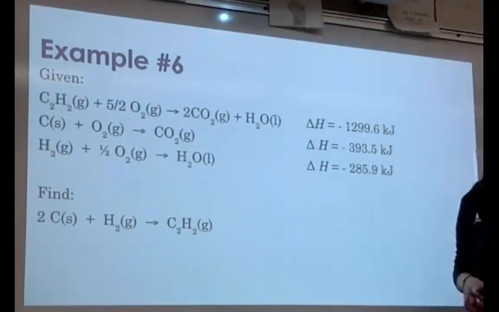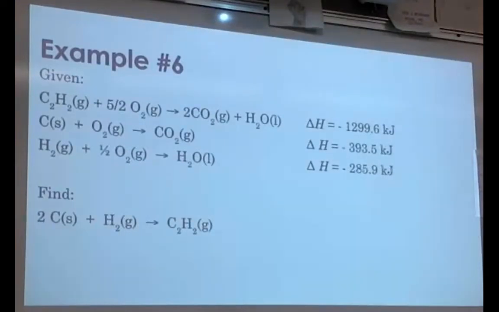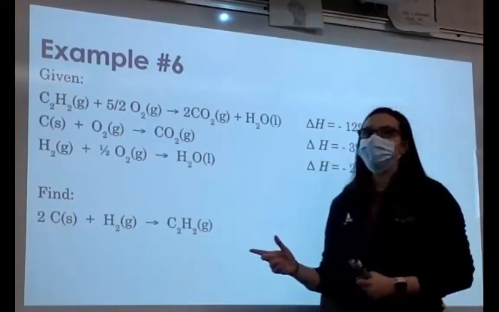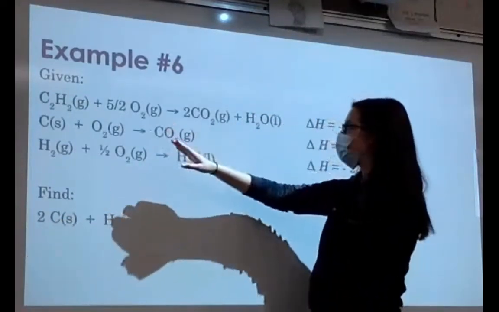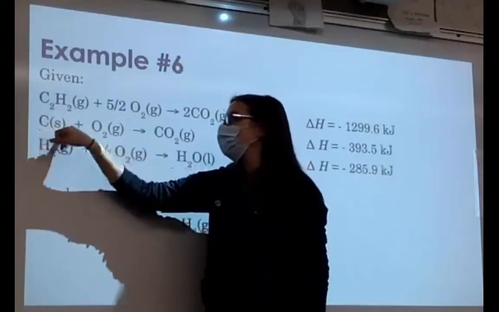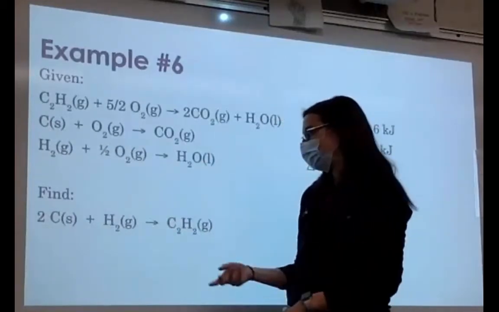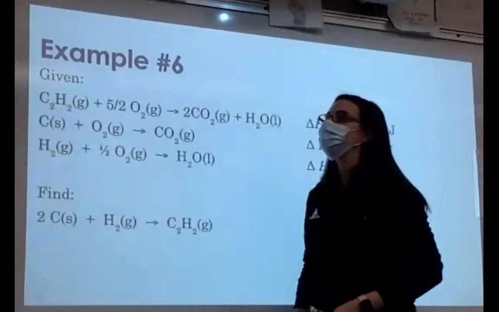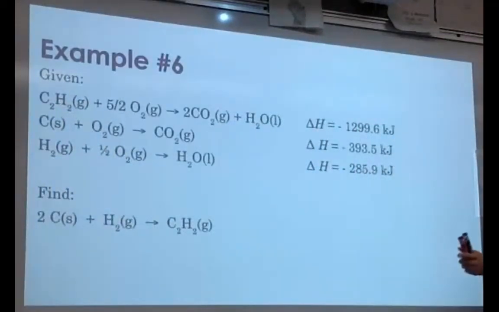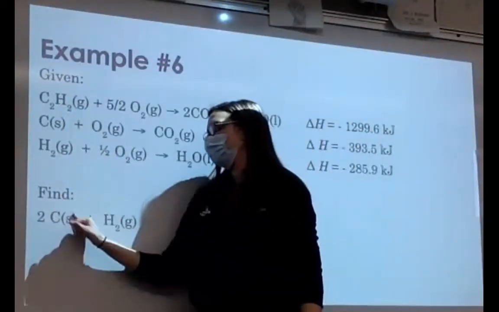So you don't want to necessarily use hydrogen and oxygen as a starting point. I always say use something like carbon because I noticed that only one equation has just carbon in it. Right? Use C2H2. Only this one has C2H2. So I'm going to start just by focusing on carbon.